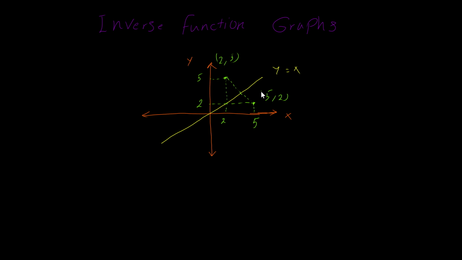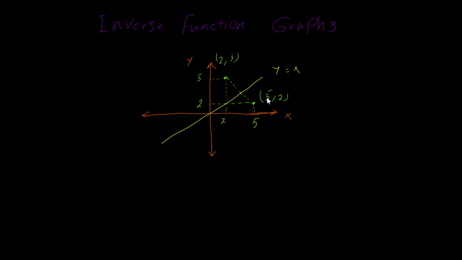If you remember, we said that the domain and the range get swapped when we get the inverse function. So here we had 2 and 5 as domain and range. Now we have 5 and 2 as our domain and range.